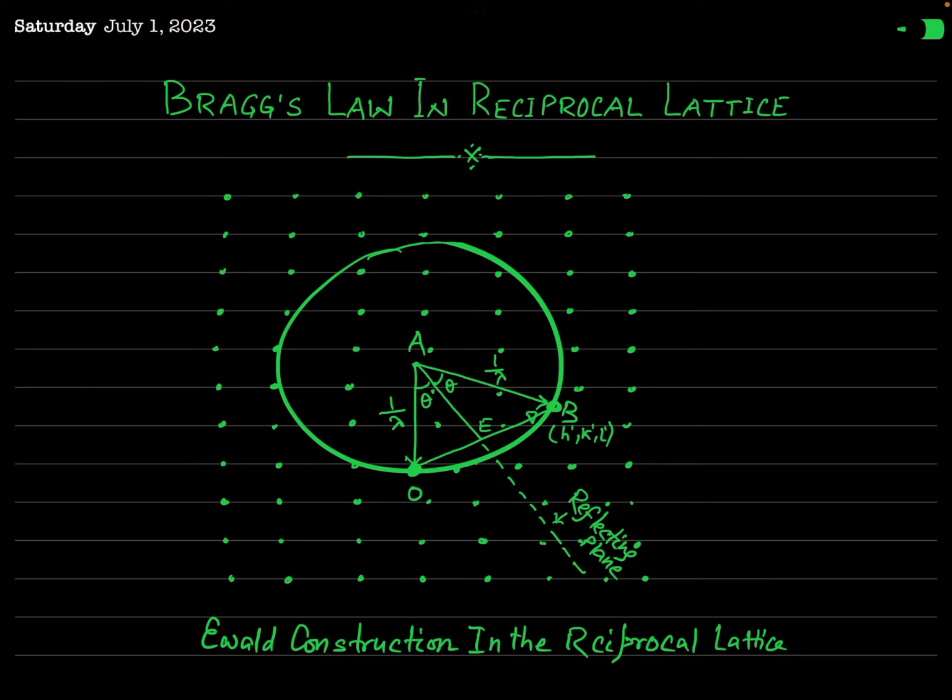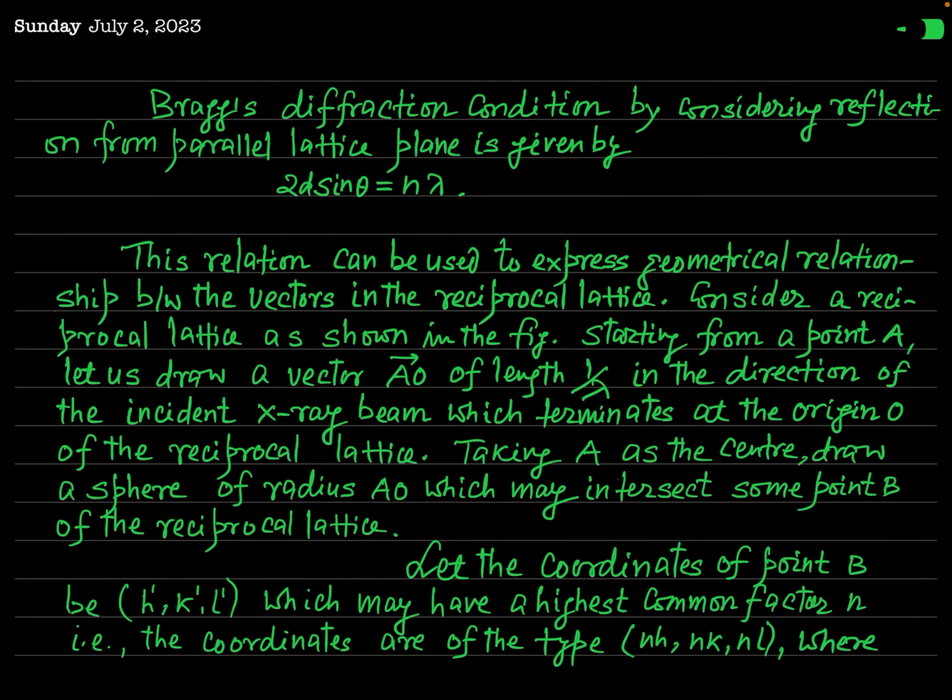So first of all, let us learn about Bragg's law in reciprocal lattice. As you know, Bragg's diffraction condition, which we have discussed already earlier, by considering the reflection of X-rays from parallel lattice planes, is expressed like this: 2d sin theta = n lambda.